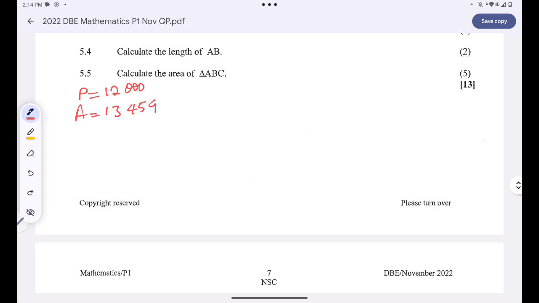24 months is 2 years, right? Okay, I know that m is equal to 4 since the interest is calculated quarterly, and y, the number of years, I have 2 years, which simply means that n is equal to 4 multiplied by 2, which is 8. This simply means that interest will be calculated 8 times within the period of 2 years.